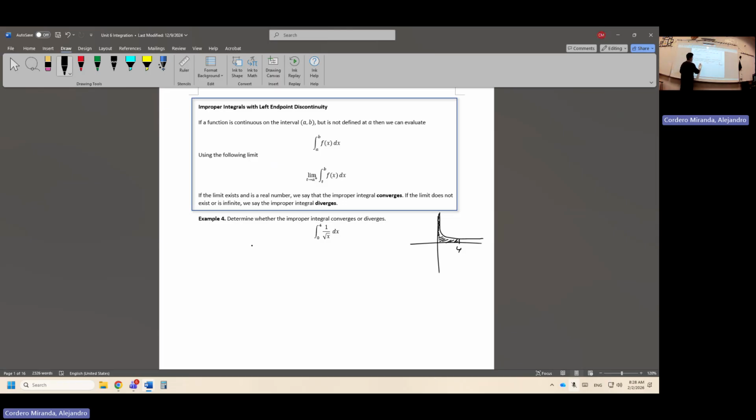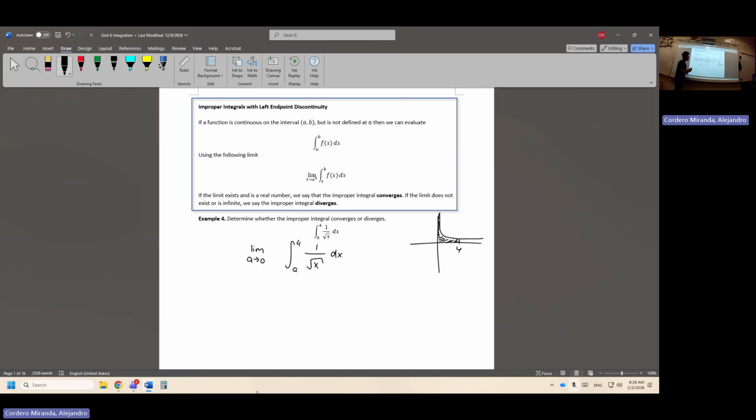So this will be the same as the limit as a goes to 0 of the integral from a to 4. Okay, like that. But the only thing I'm missing is that this asymptote happens as I approach zero from the right.